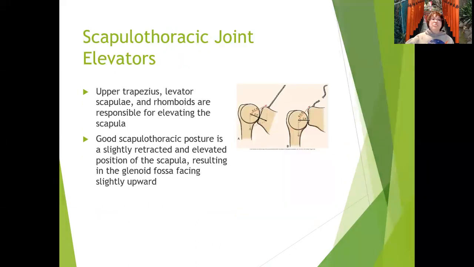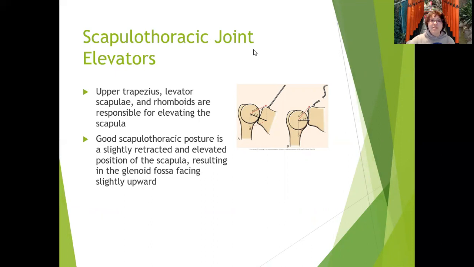So the scapulothoracic joint elevators, upper trapezius, levator scapula, and rhomboids, are responsible for elevating the scapula. Duh, right? We knew that. But good scapulothoracic posture is a slightly retracted and elevated position of the scapula, resulting in the glenoid fossa facing slightly upward.